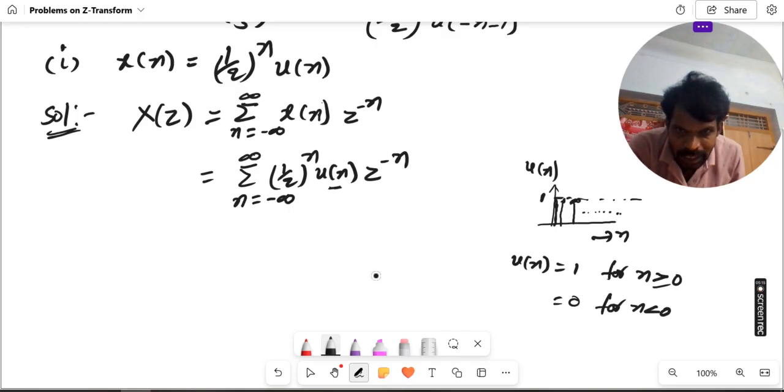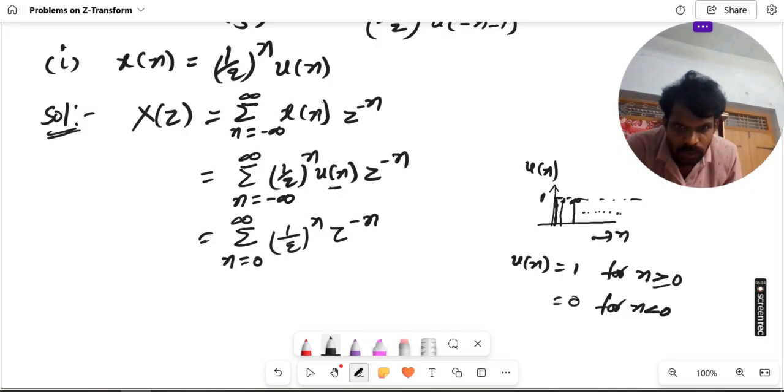So based on that, this limit can be changed like this: n is equal to 0 to infinity, 1 by 2 power n into z power minus n.